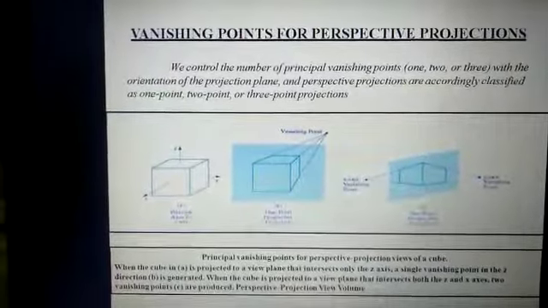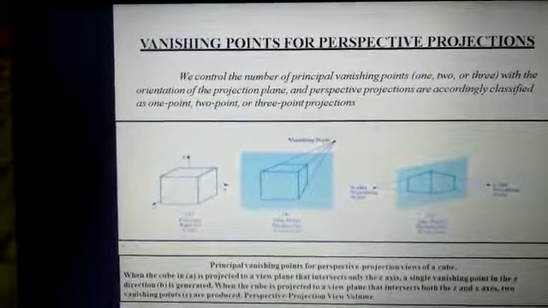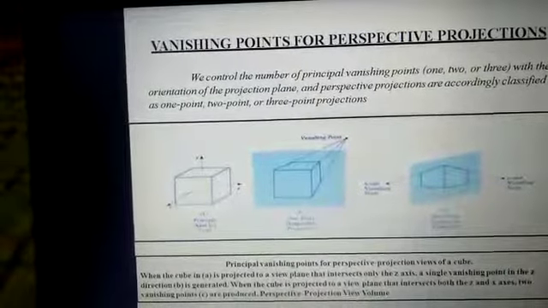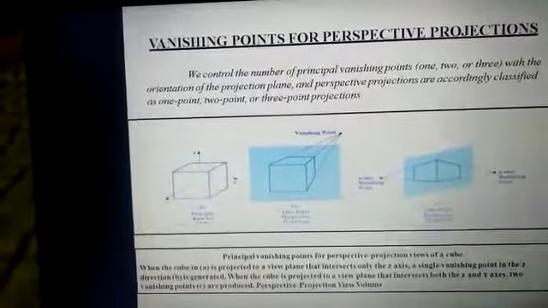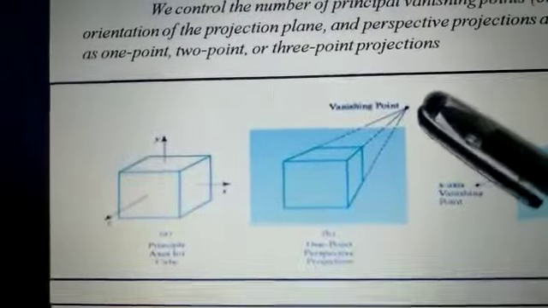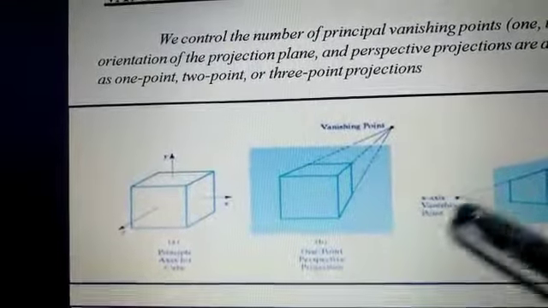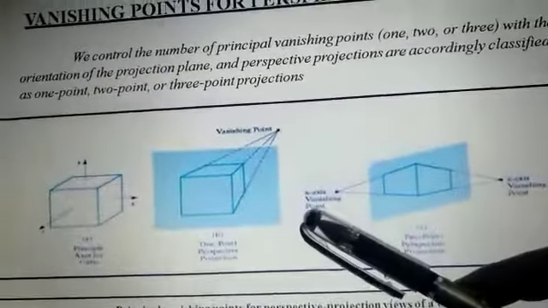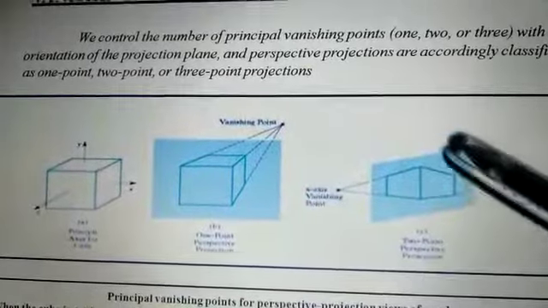For the set of lines that are parallel to one of the principal axes of an object, the vanishing point is referred to as a principal vanishing point. As you can see here, there is a principal axis with respect to the vanishing point, that is one-point perspective projection, and you can see the x-axis vanishing point, the z-axis vanishing point, and two-point perspective projections.